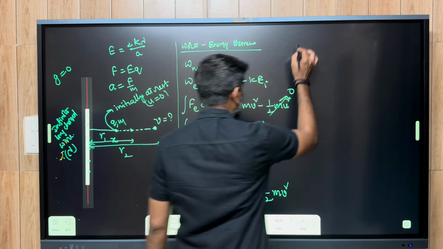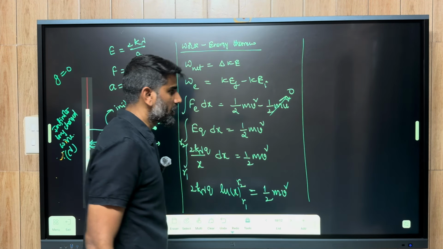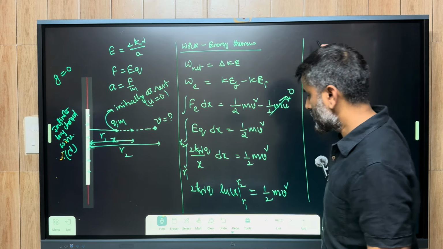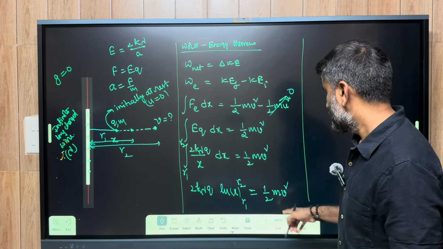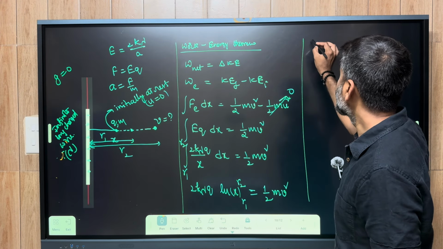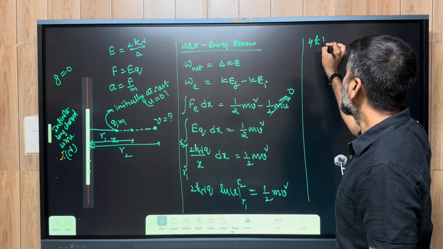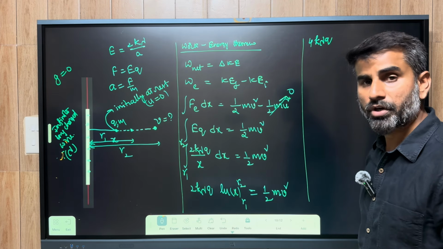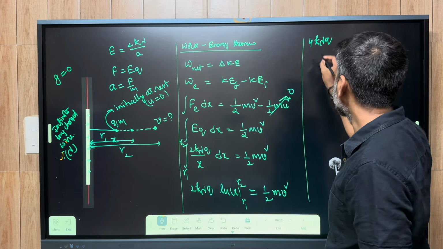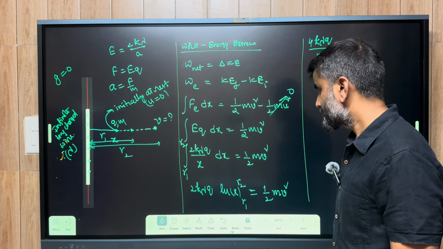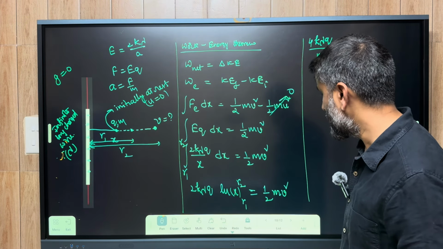Now if I want to rewrite this equation, how do I write it? 2 is here, 2 is here, this 2 can be multiplied. 2 into 2 is 4 k lambda q, and this m can be taken this side, 4k lambda q by m.